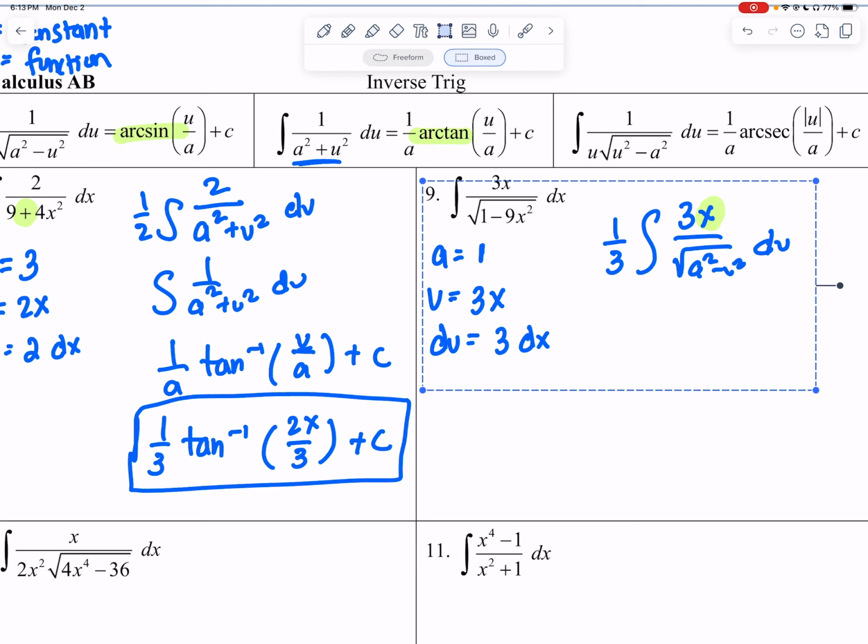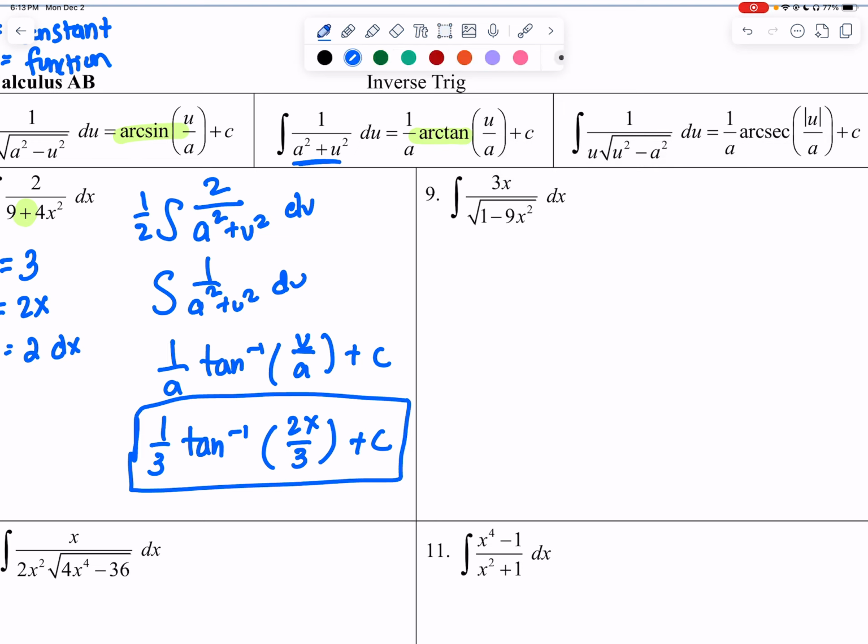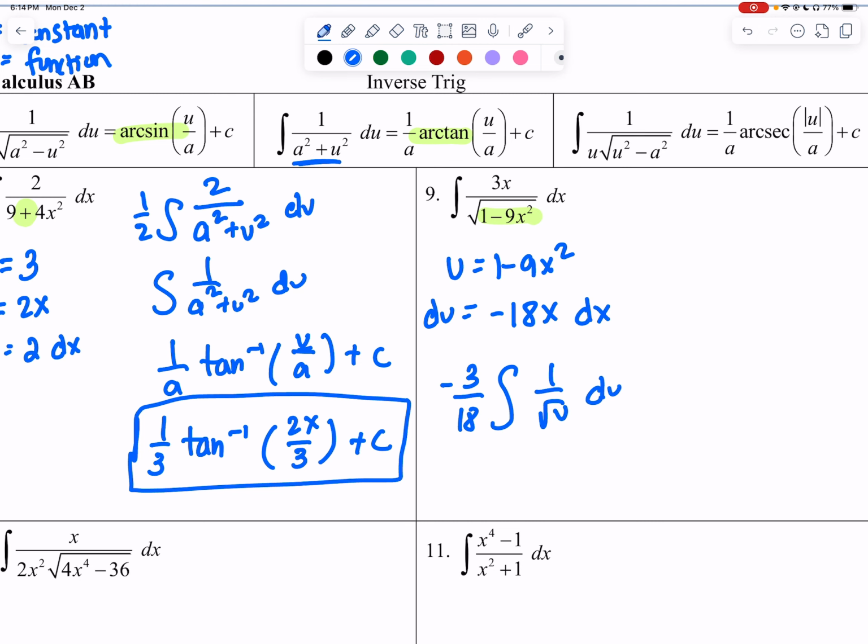Instead, what I'm going to be doing for number 9 is just using regular u substitution, which kind of makes sense because my u here is just 1 minus 9x squared, and du is equal to negative 18x dx. Notice how the x right here and the x right here are going to cancel out, which is what we want. So now I have negative 3 over 18, 1 over square root of u du.